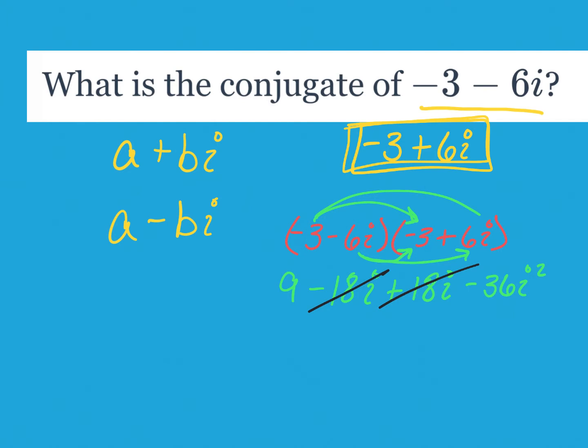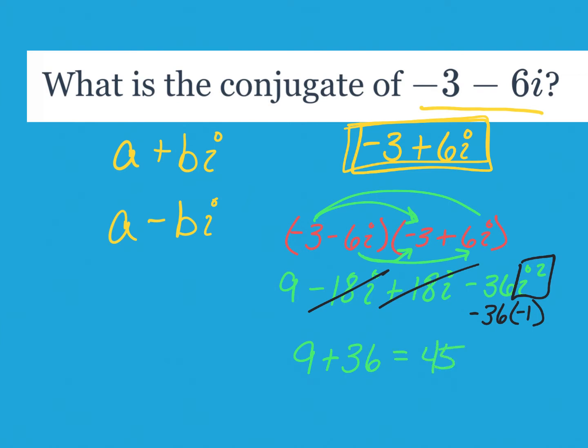And then don't forget this little rule we talked about: i squared is negative 1. So we end up with negative 36 times negative 1, which of course is positive 36. So we end up with 9 plus 36, which is 45.